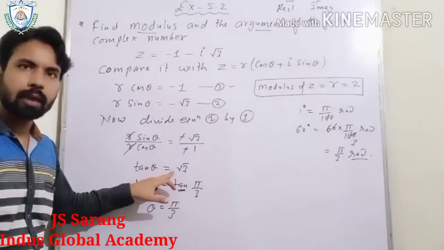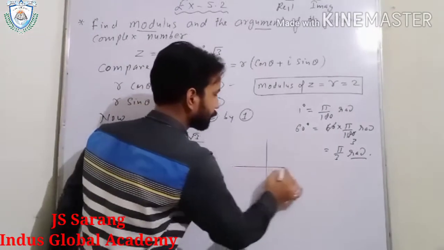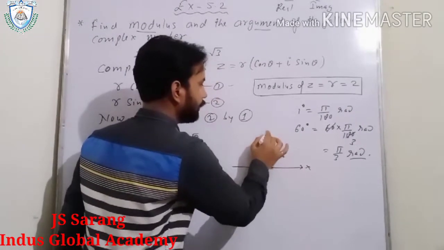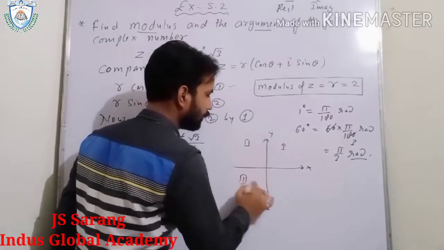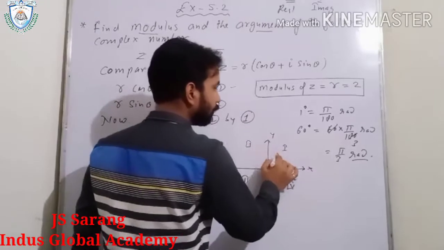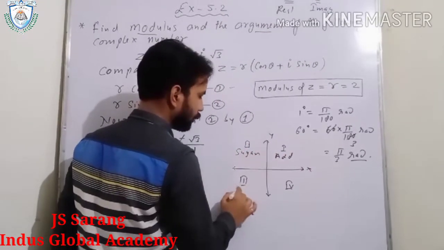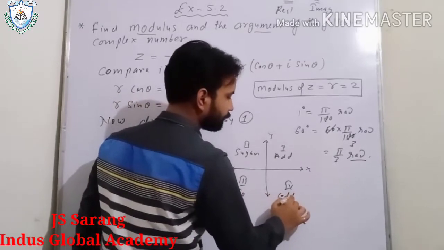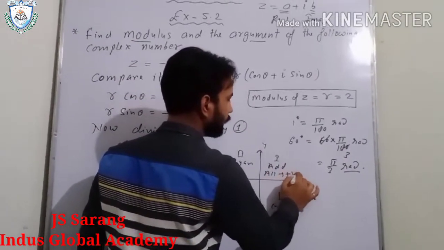I told you about the x and y axes: first quadrant, second quadrant, third quadrant, fourth quadrant. In the first quadrant all are positive.